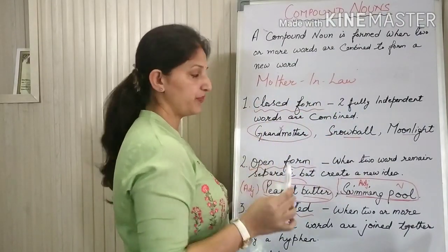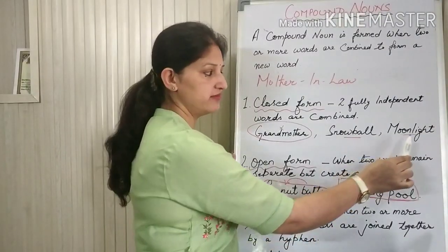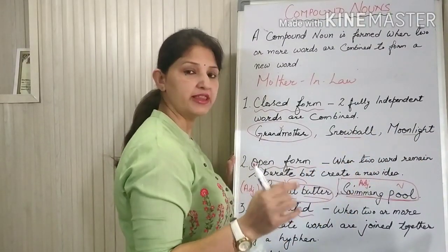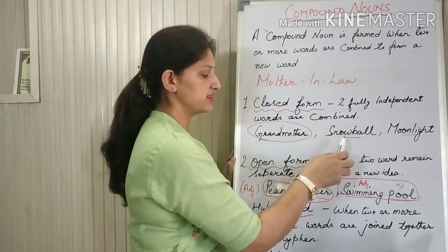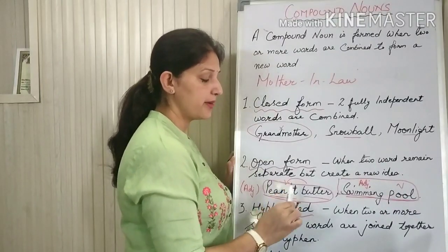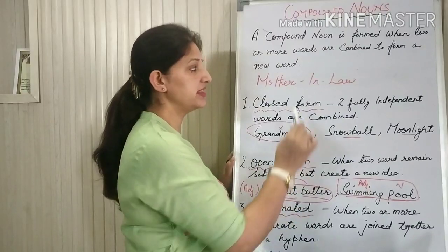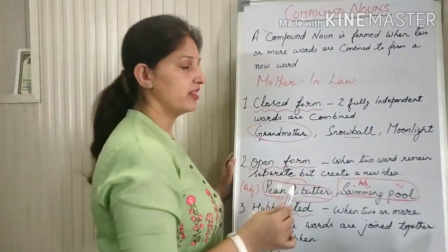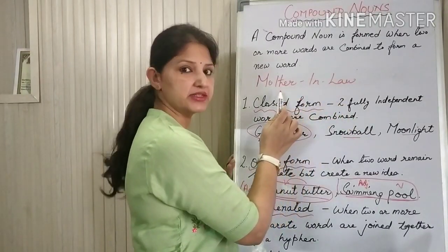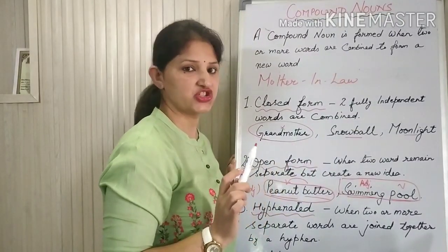Likewise, if you see in these examples, moonlight, the light that is thrown by the moon. So it is connected to it, right? The snowball, a ball that is made up of snow, is the snowball, right? In this example also we see peanut butter, the butter that is made up of peanuts. But in these examples, you will find that they are from different genres. Law is nowhere connected with the mother, right? So we put in a hyphen between to connect such kinds of words.